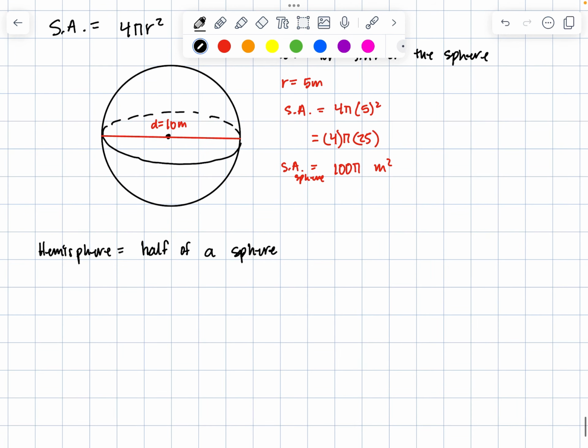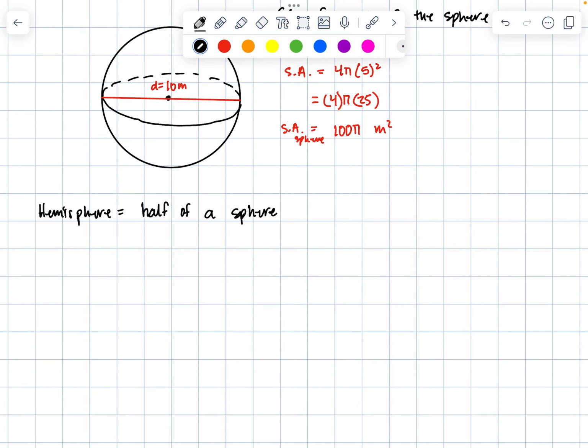Okay, so if we have half of a sphere, or if we have a snow globe, we actually only have half of it. So I'm going to draw half of a circle to start off with. That's a bad half circle, but here we go. That's a lot better. Then we're going to draw the front of it, but remember that oval. And then on the back side, we're going to draw the dotted line of the other part of this oval.